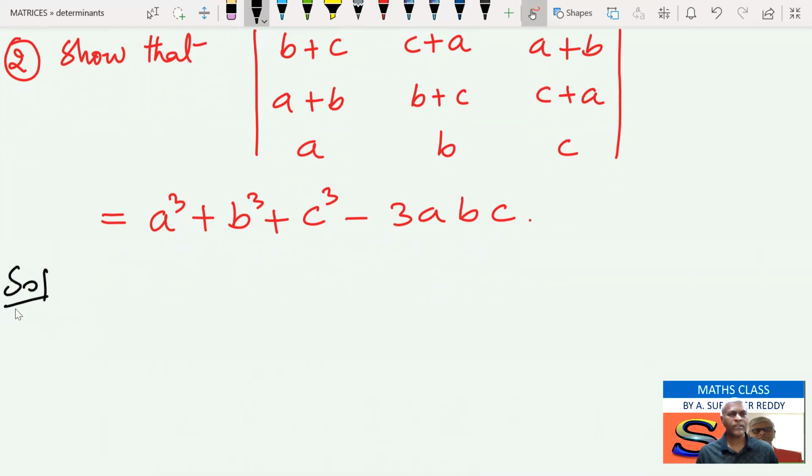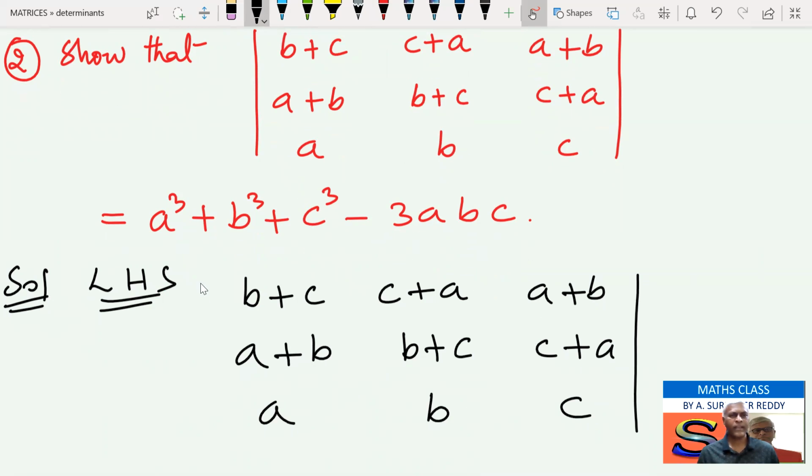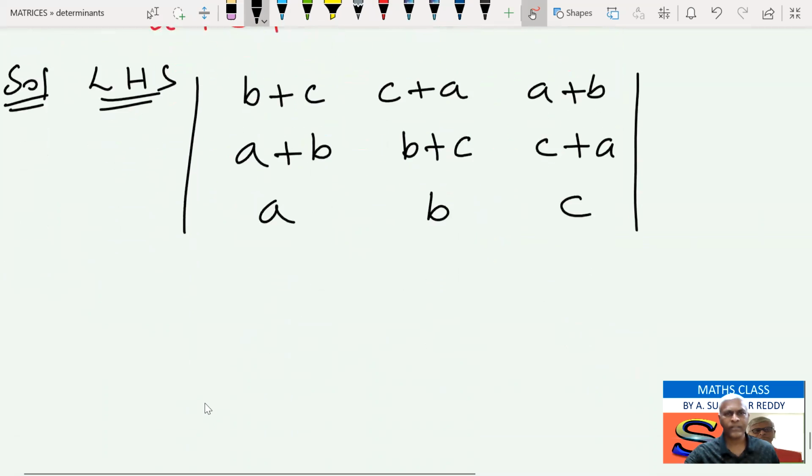Okay. Now let us take left hand side LHS, the given determinant. B plus C, C plus A, A plus B, then A plus B, B plus C, C plus A, and A, B, C. So taking LHS, we have to prove the RHS.